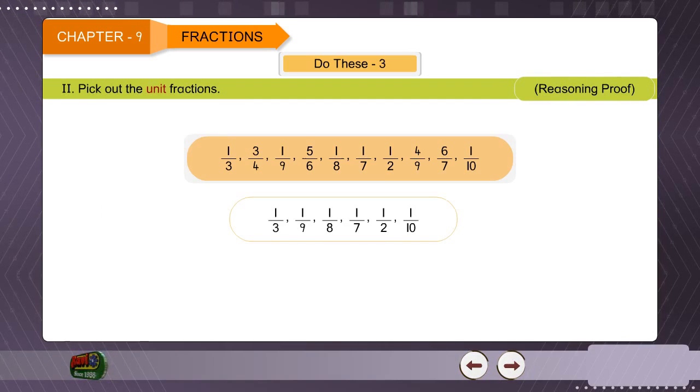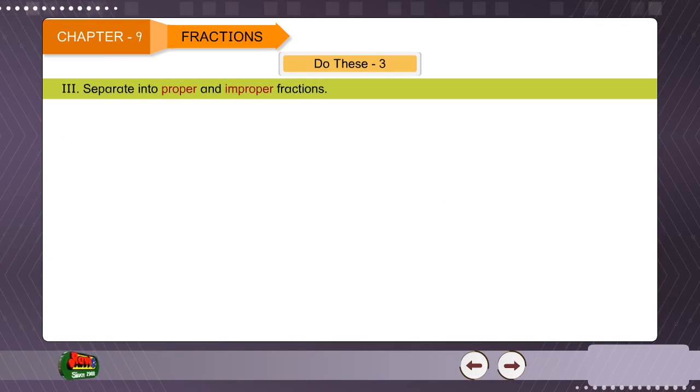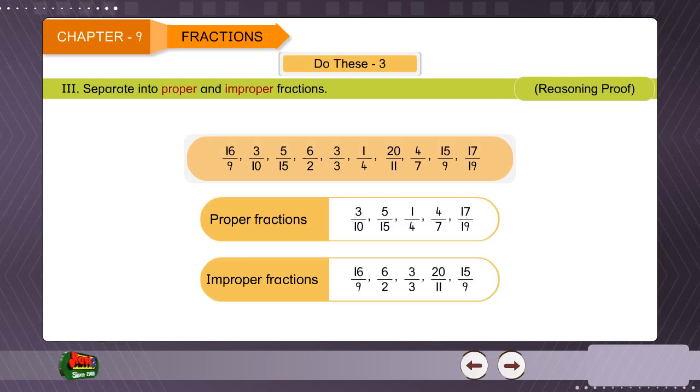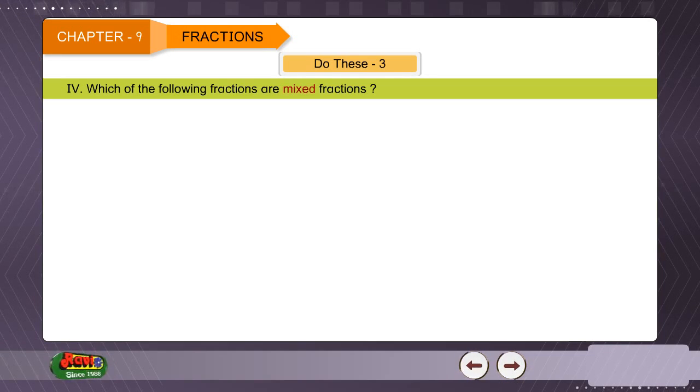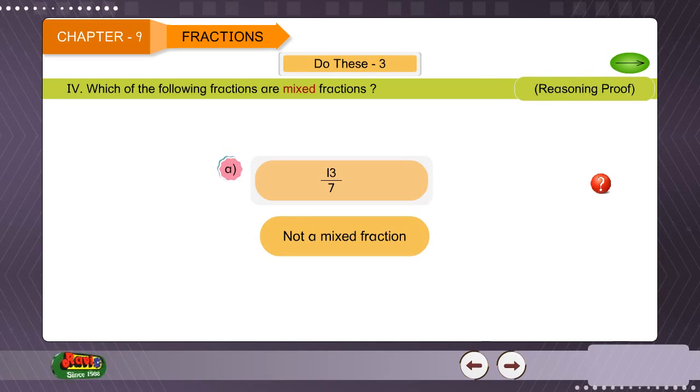Reasoning proof. 3. Separate into proper and improper fractions. Reasoning proof. 4. Which of the following fractions are mixed fractions? Reasoning proof.